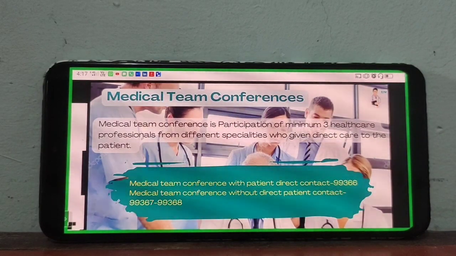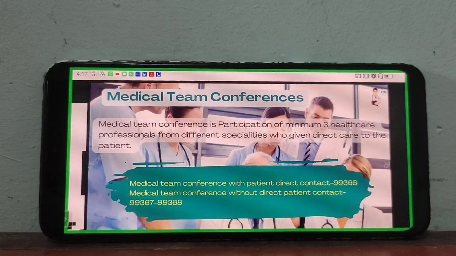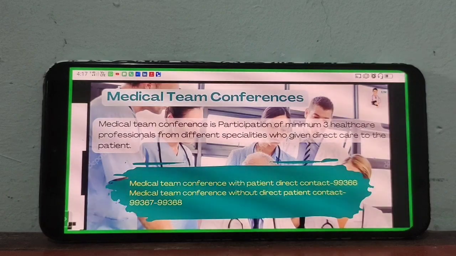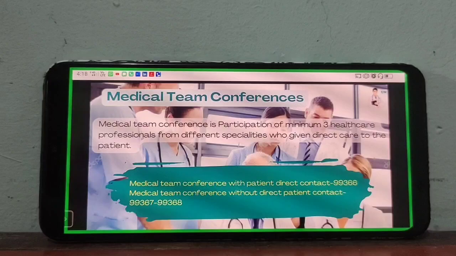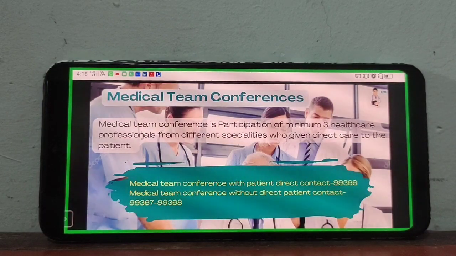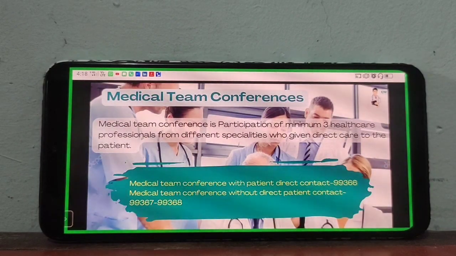For example, ortho, neuro, then nephro or pulmonologist. So a minimum of 3 professionals from different specialties must be present in that conference. They are taking the decision to take care of that patient. They are planning the treatment, how to take care of that patient. That is a team conference.